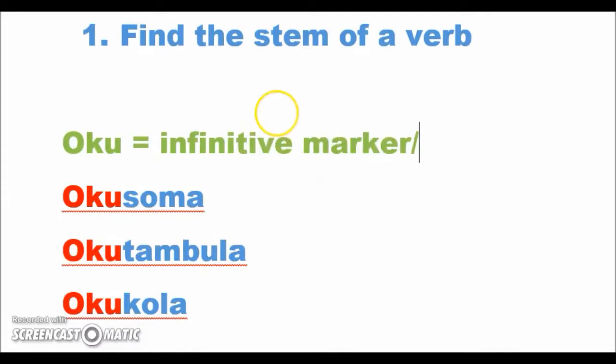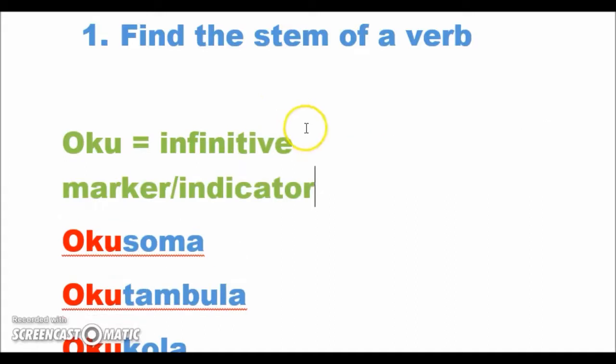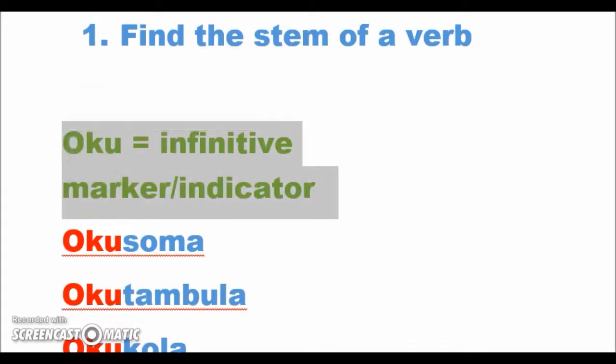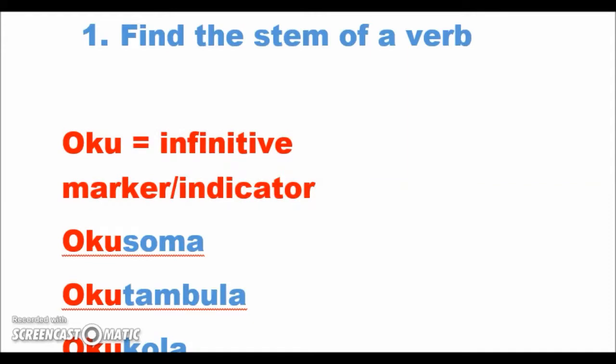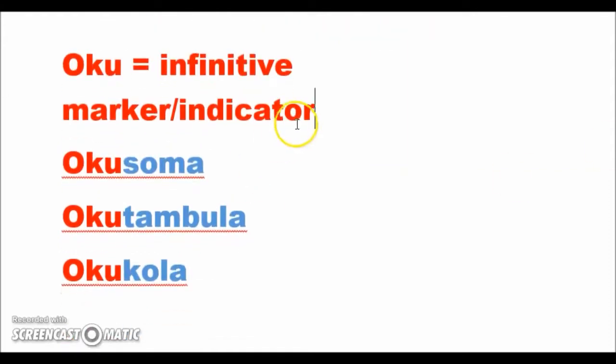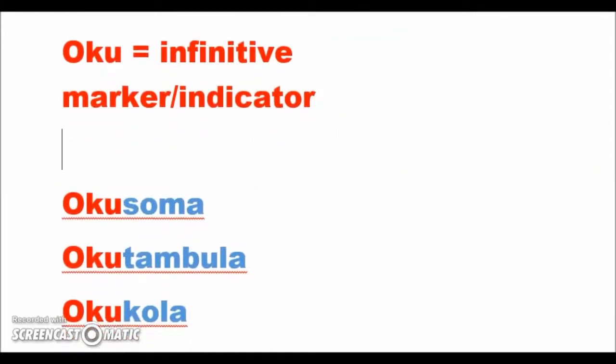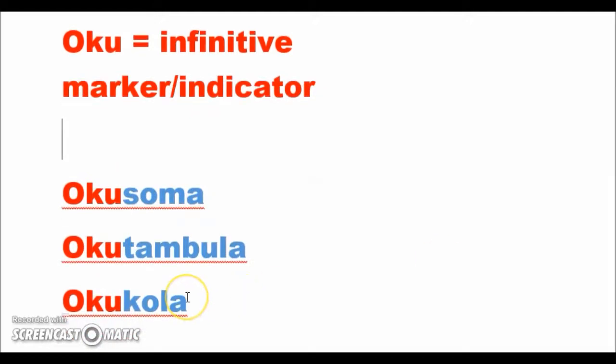Now, why do we need to know that? Well, just like all the other languages, in order to conjugate a verb, we have to take away the infinitive indicator. Because when we have the infinitive marker, we're talking about the verb in general, to play, to go, to read, to work. But now we want to talk about I work, you read, she walks.